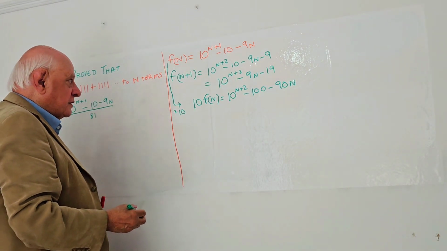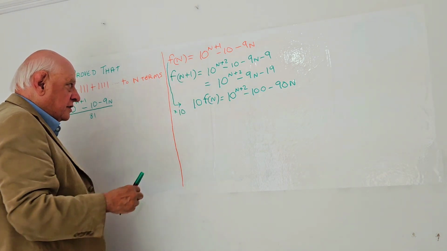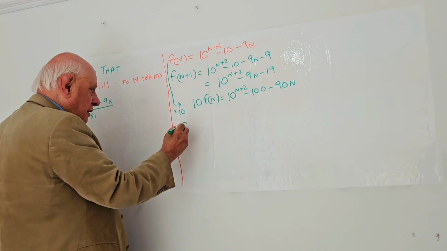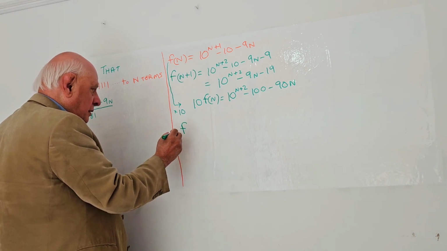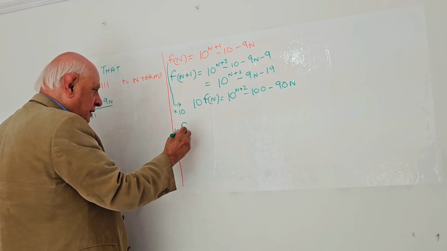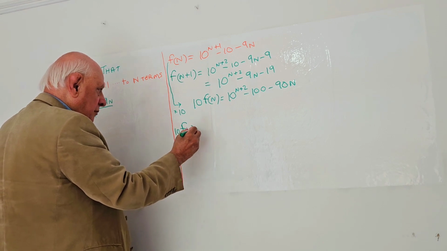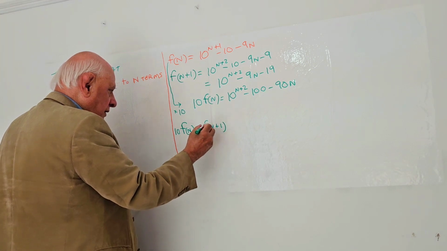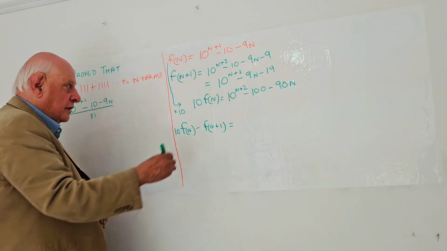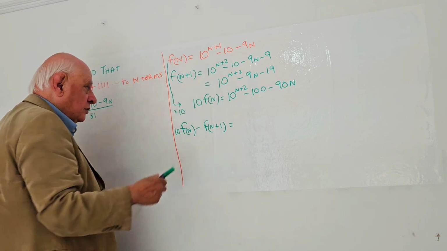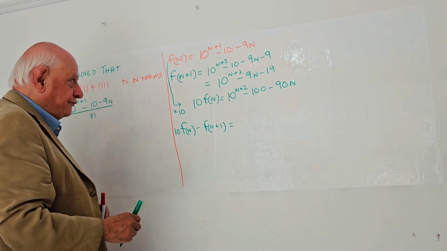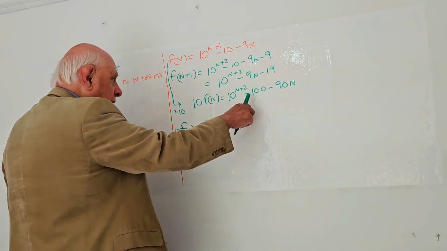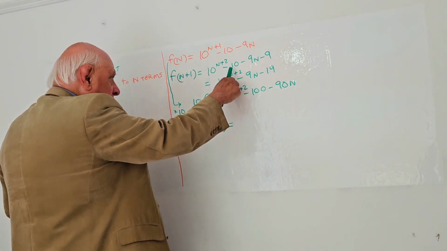And take the difference between the two expressions in green letters. So what we'll have is f of n plus 1 minus 10 times f of n.